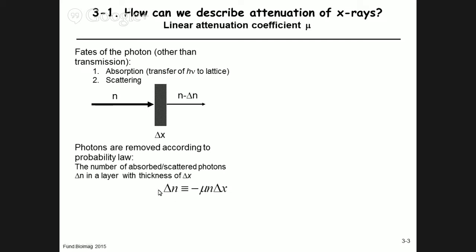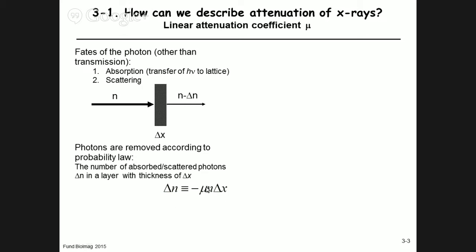So we define that the number of photons removed is proportional to the thickness of the layer. That makes sense. It's probability. If the layer is twice as thick, the probability that the photons are removed is twice as high. The number of photons being removed, if we have, instead of 100 photons, 200, there's also going to be, instead of 10 photons removed, for example, 20 photons removed.